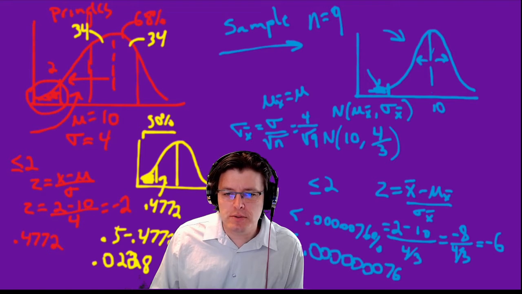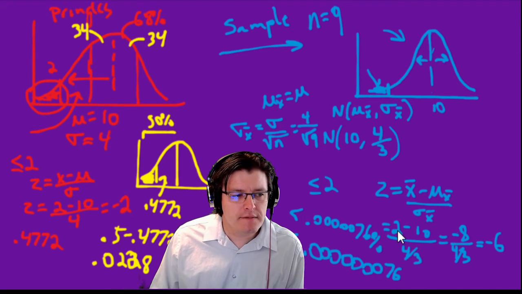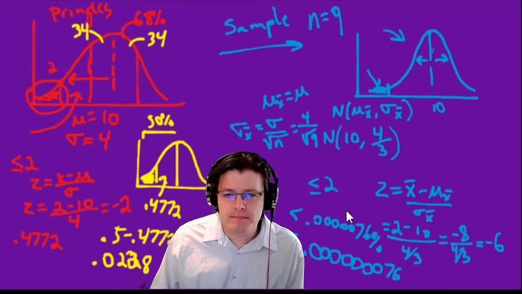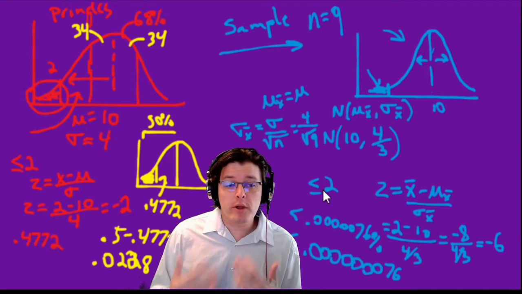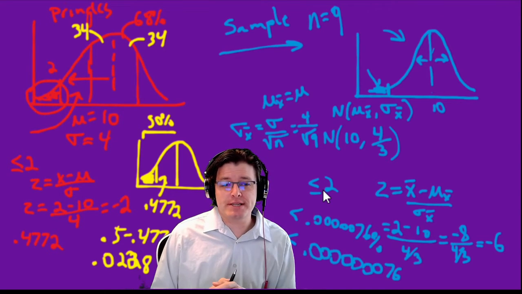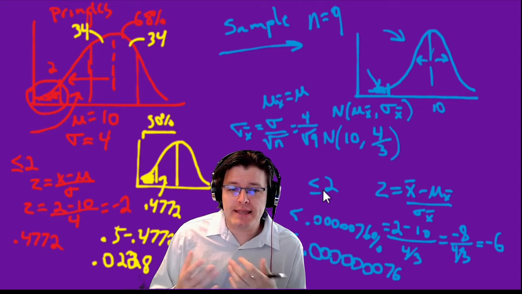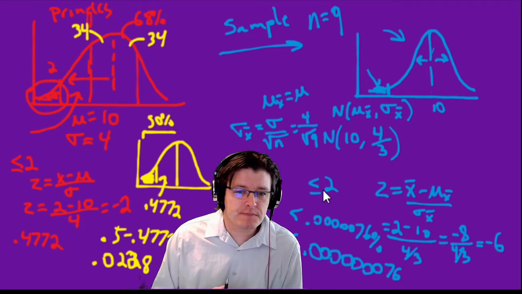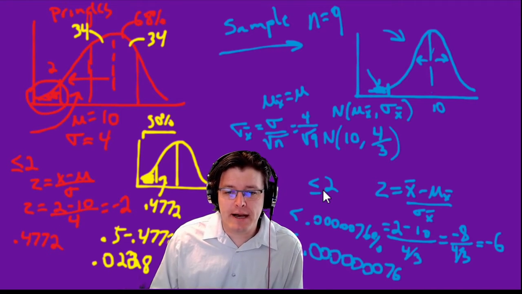So this 2, there's a lot of 2s, so let me just walk through them. So this 2 is what I've chosen, right? So we were interested in what's the chance that we take a sample size of n and the mean is less than or equal to 2? So I've kind of made that up.